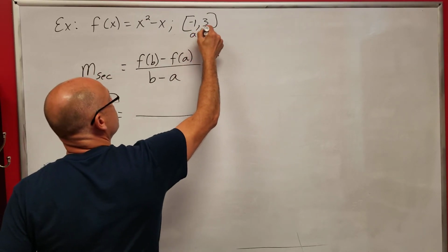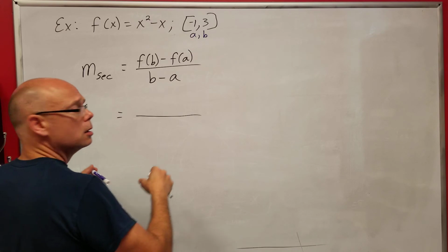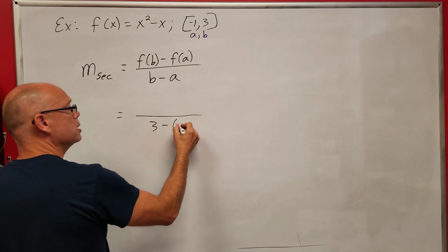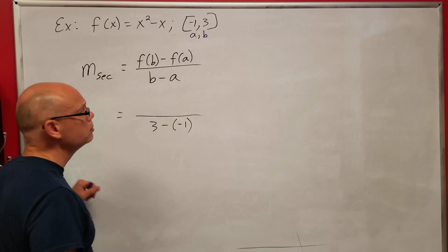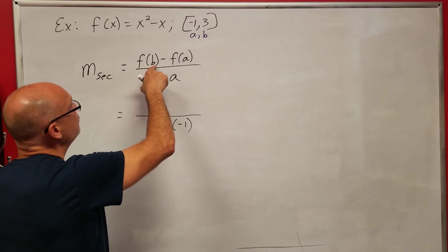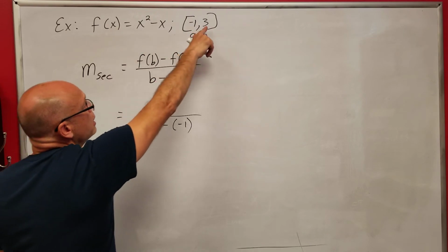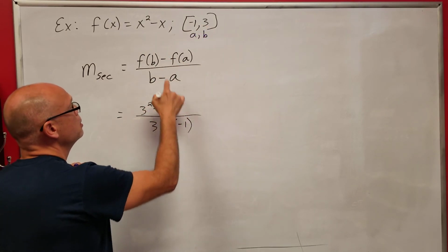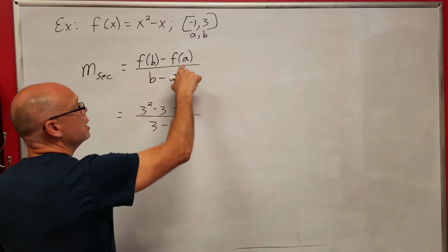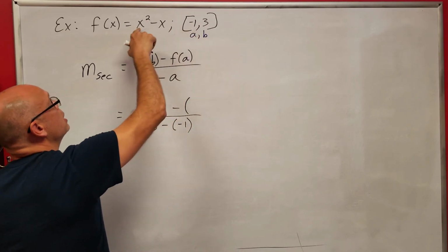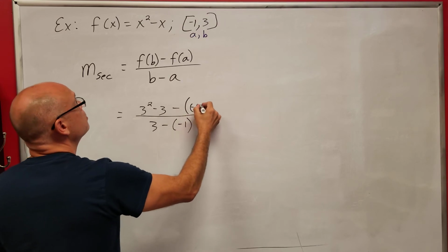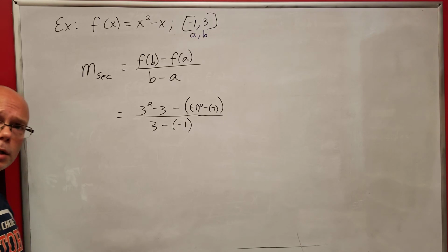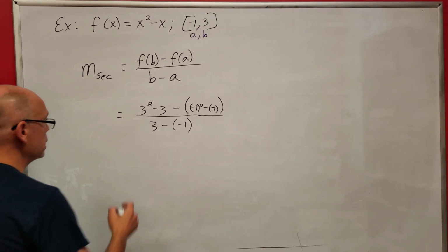So at the bottom, b minus a, I'll have 3 minus -1. At the top, let me evaluate f at b. So f evaluated at 3, I have 3 squared minus 3, minus f evaluated at a, let's take -1 squared minus -1. And do this calculation. That gives you the slope of your secant line that connects those two points.